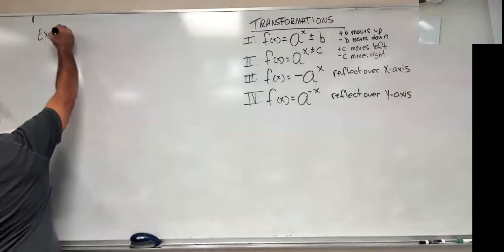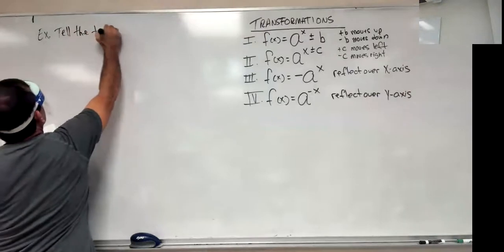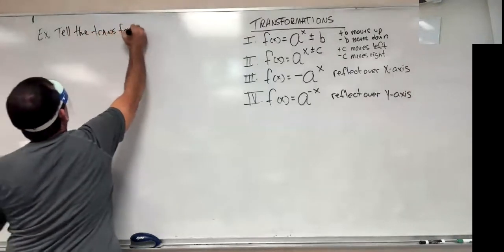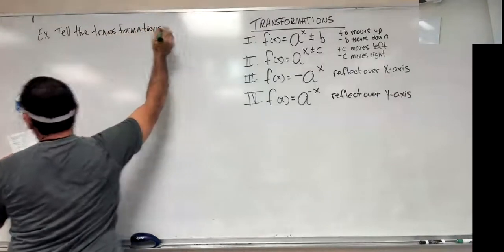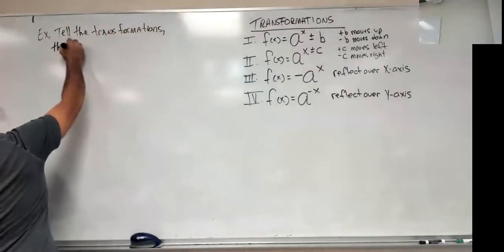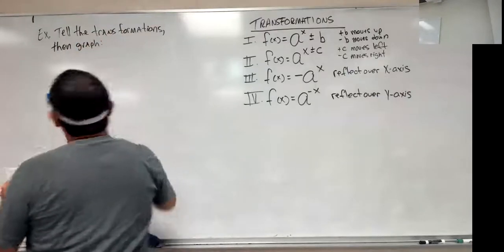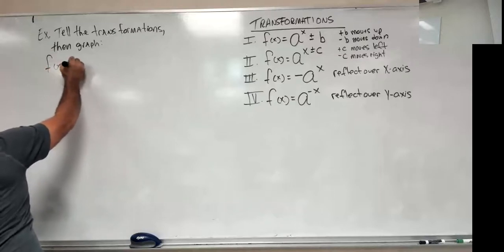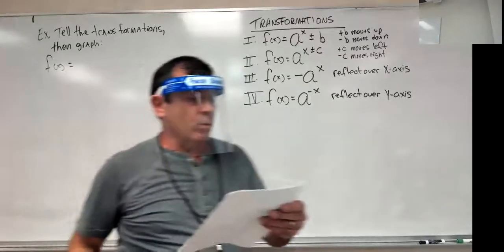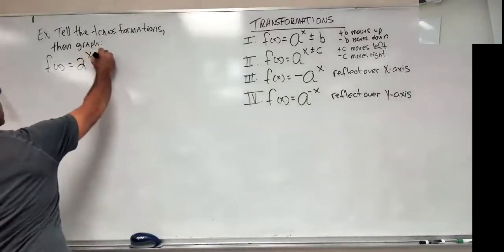So we're going to tell the transformations. And then they want us to graph. So this one has f of x equals 2 to the x minus 2.